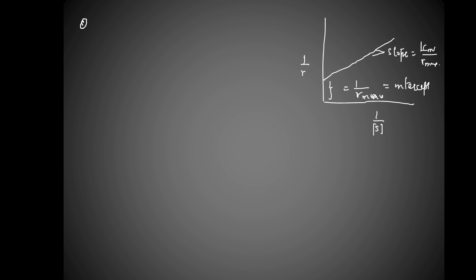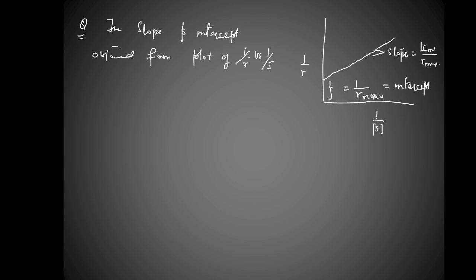The first question that has been asked is: the slope and intercept obtained from the plot of 1 upon R versus 1 upon S, meaning 1 upon rate versus 1 upon substrate concentration, of an enzyme catalyzed reaction.